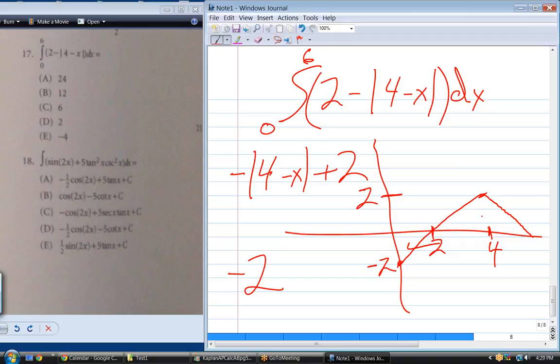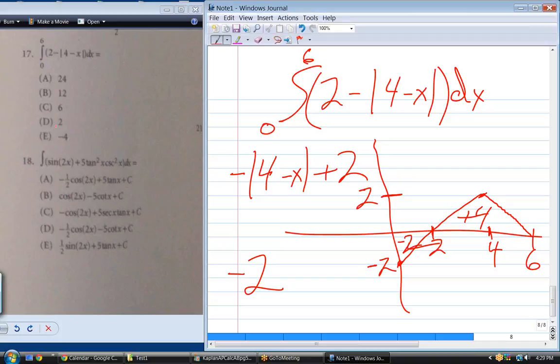What's the area of this? This point over here is 6. Oh, okay. Yeah, no, you're right. So 4. So that's a +4. This is a -2. The net area is +2. The absolute area would be 6.